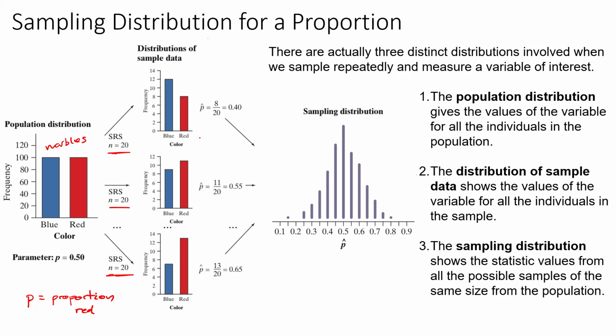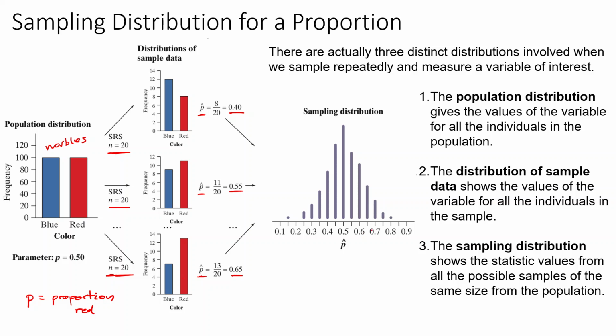If we took 1, 2, 3 samples here, this one had 8 red out of 20, so our p hat here would be 0.4. This one had 11 red out of 20, so this p hat would be 0.55. This one had 13. It's getting a little high, but it still seems reasonable to me: 0.65.